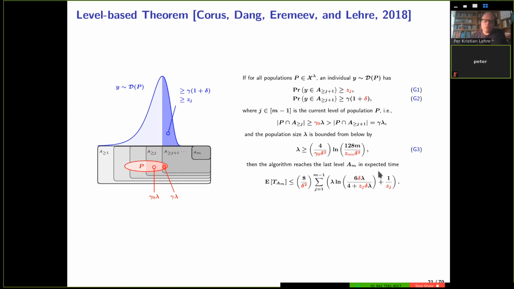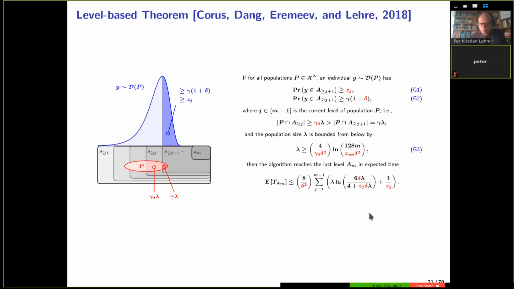Okay, so if these three conditions are satisfied for all populations, then the expected time to reach the last level is given by this expression here.